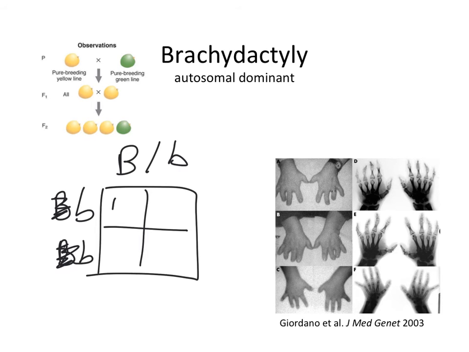Yeah, so every time you get a big B, you get a brachydactylous individual, and every time you have 2 little b's, you've got a wild type normal individual.